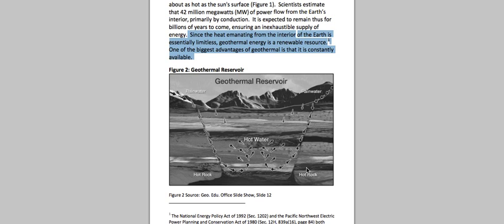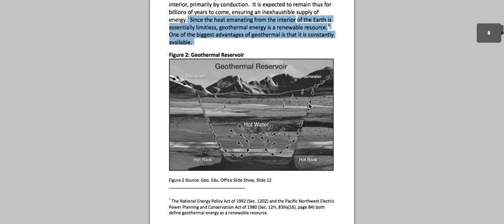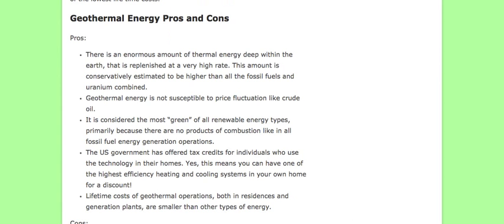So what geothermal does is harness the heat coming off of this water and off this hot rock. One of the biggest advantages of geothermal is that it's constantly available. That heat inside the earth isn't going away anytime soon, so it's pretty renewable.